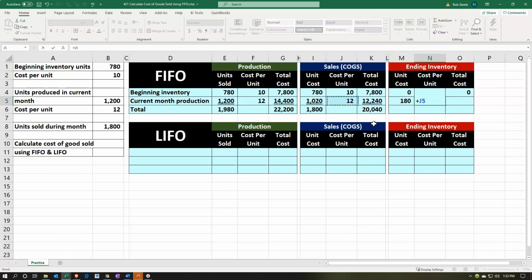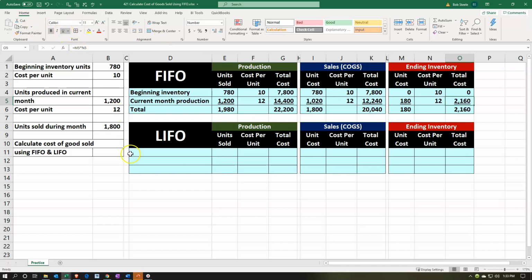At the $12 units, we have left over then the 180 times $12 or $2,160 worth of inventory. So units left in ending inventory, summing these up, 180, underline, home tab font group, underline, summing up the outer column equals the sum of these items, underlining, home tab font group, underline.